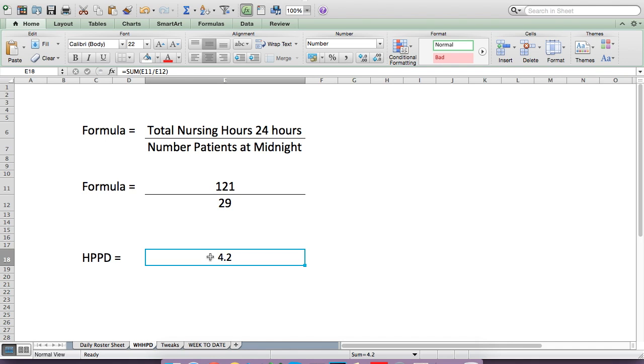Now most of you will have been exposed to your target, and it may or may not be more than that or less than that or whatever in relation to that, but your accountant has sat down and said, what was the average for the last financial year for their work hours? So the total number of hours in the 24-hour period divided by the number of patients at midnight.